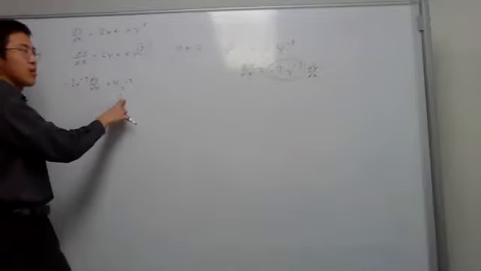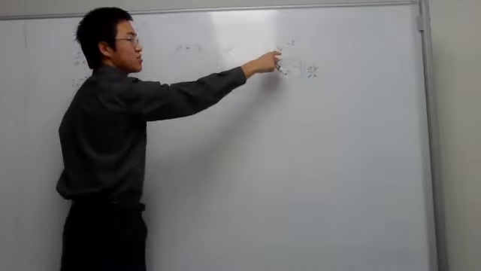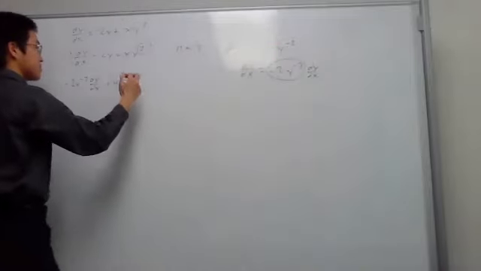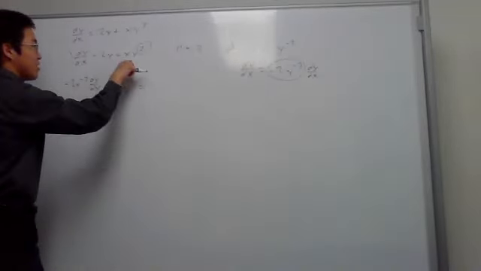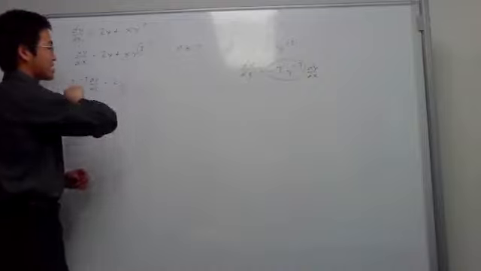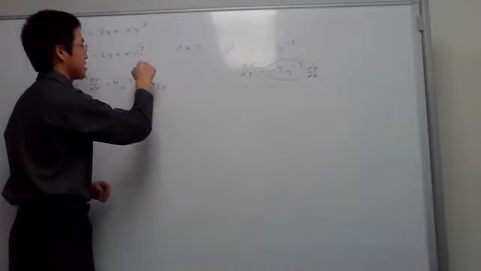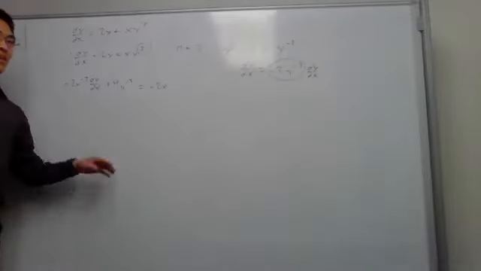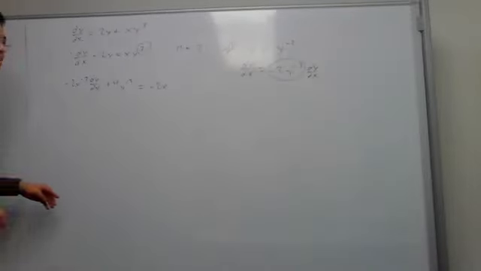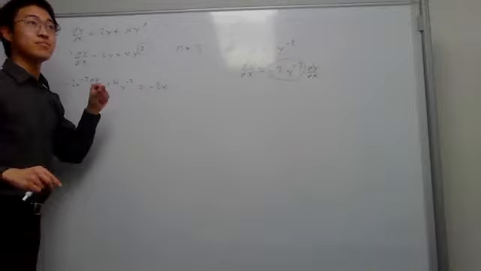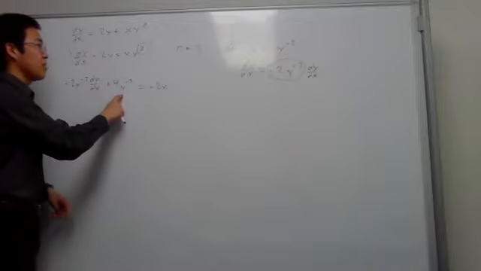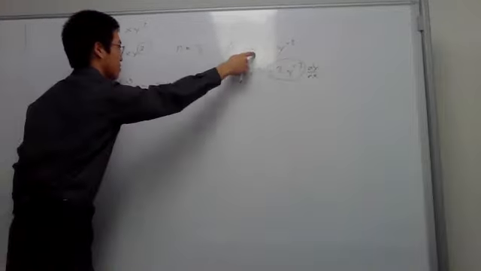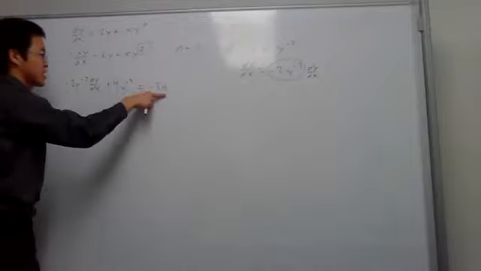Conveniently, this middle term will always be something in terms of v. Up here, the x is going to stay there. We're going to have minus 2x, and the y cubed times y to the minus 3 goes away. That will always happen too. So this will always be in terms of v, and this will always be in terms of just the x.